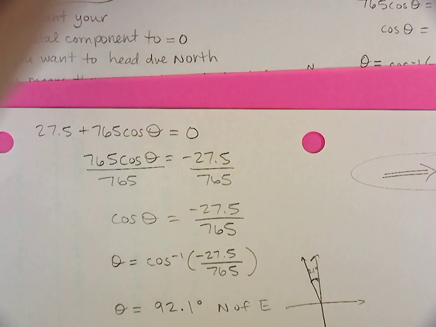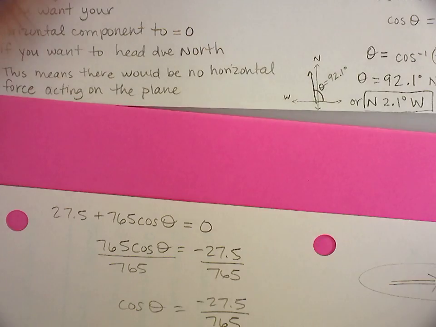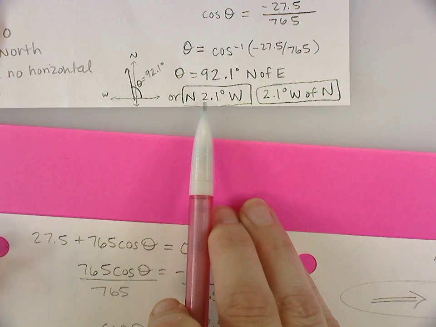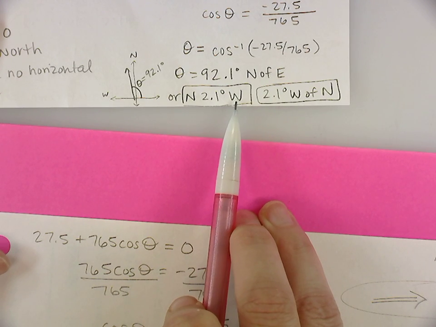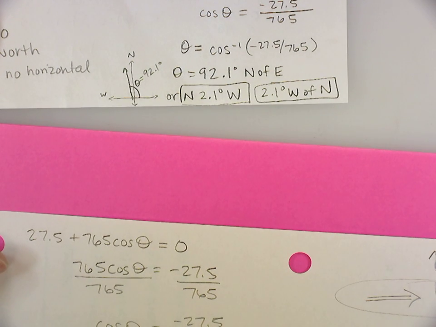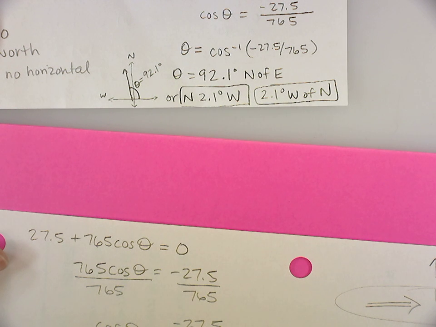I should say something else, because really, look at the quadrant. If it's in quadrant 2, it's going towards the northwest. So you can choose how you want to say that. You can either say north 2.1 degrees west, or 2.1 degrees west of north, or if you subtracted it from 180, you could use that as well.